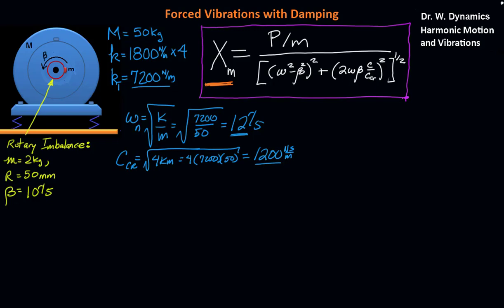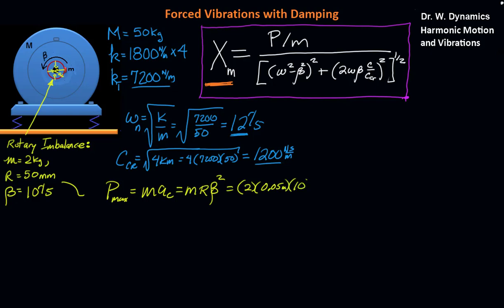Over here from the imbalance, we can calculate the value for P. So P max will be m a sub c. So this little mass has a tiny a sub c. And as it rotates, the a sub c points in different directions. And we know that that'll be m r beta squared. The small rotating mass is 2 kilograms. The radius is 0.05 meters.